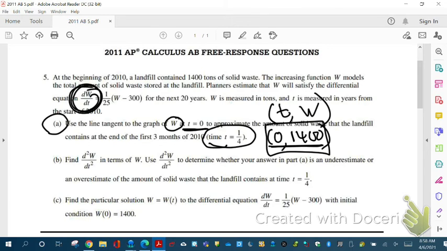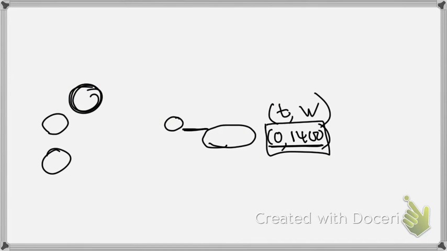Now, the next thing, part B, tell whether that estimate you made is an over or under estimate. Okay, well, that always has to do with concavity. If your graph is concave down or second derivative negative, which is what you would have to say, then your tangent is above it, and therefore your estimate would be an overestimate.